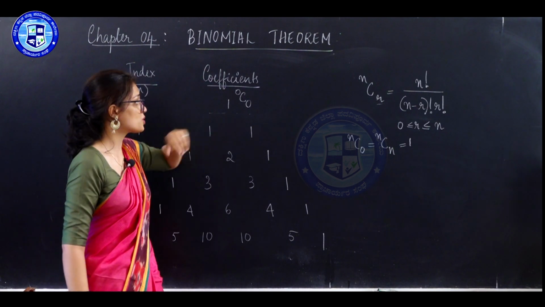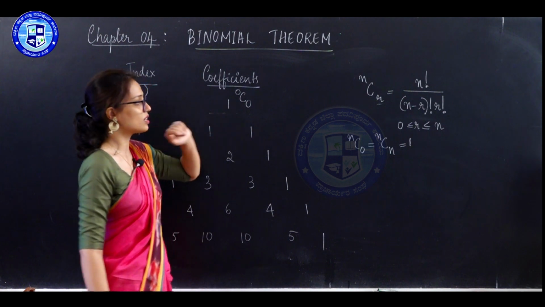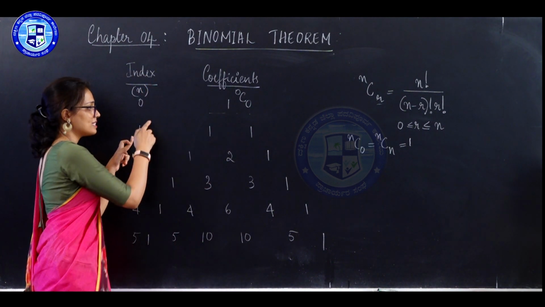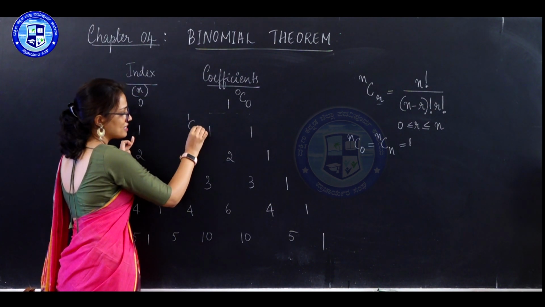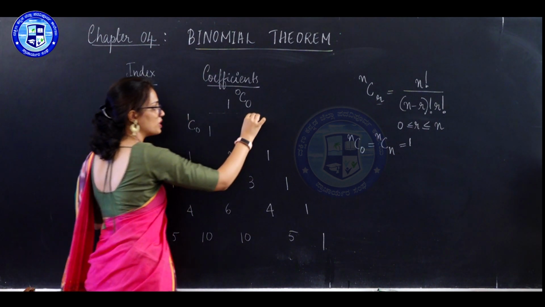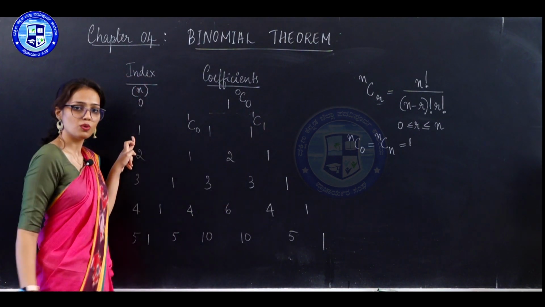How many ways can you do it? You can do it only one way. So 0C0 is equal to 1. What is happening here? n is equal to 1. So 1C0 is equal to 1, and 1C1 is also equal to 1.